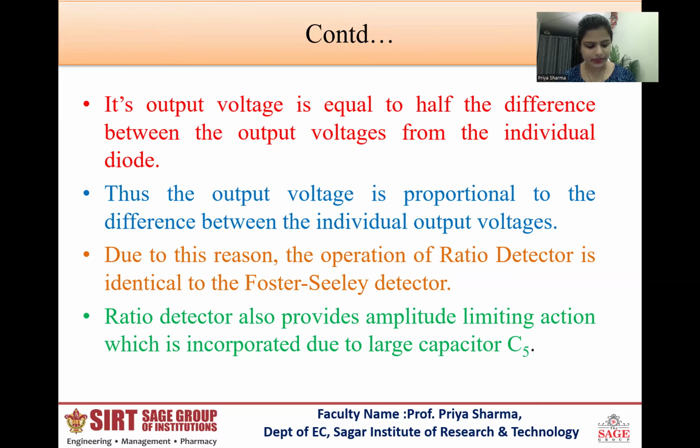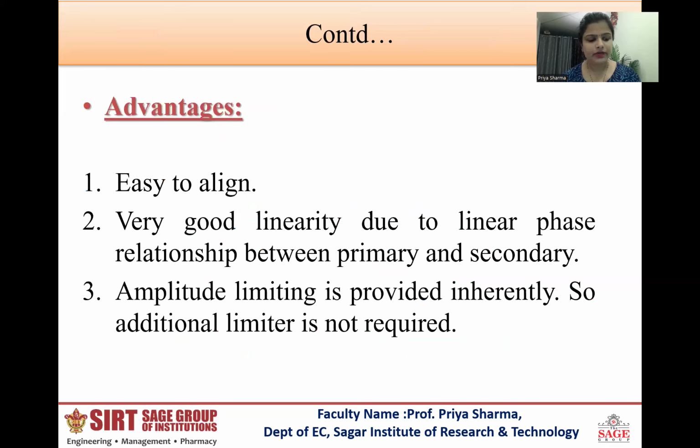Due to this, an amplitude limiter is not required prior to the ratio detector. So coming to the advantages, it is easy to align, very good linearity due to linear phase relationship between primary and secondary. Amplitude limiting is provided inherently, so an additional limiter is not required. So this is how, by making certain modifications in the Foster-Seeley circuit, the ratio detector has been made and the disadvantages of Foster-Seeley have been overcome in this.